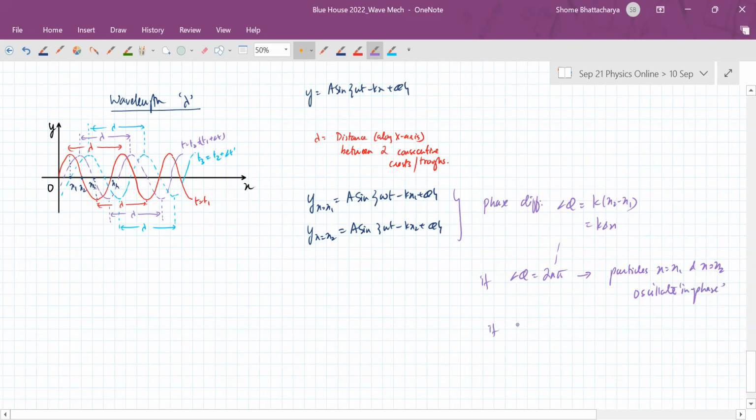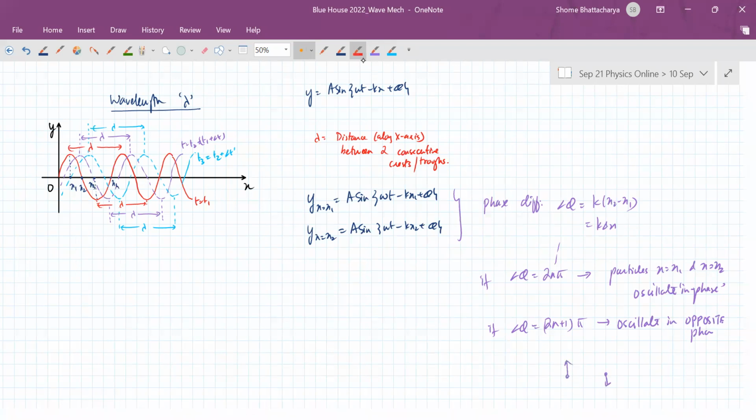If delta phi is, for example, (2n plus 1) pi, they oscillate in opposite phase. So they'll be oscillating like this. By the time this reaches here, it should be here. This kind of oscillation they'll be having.